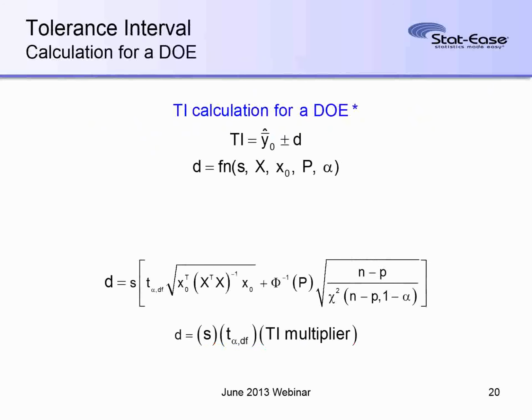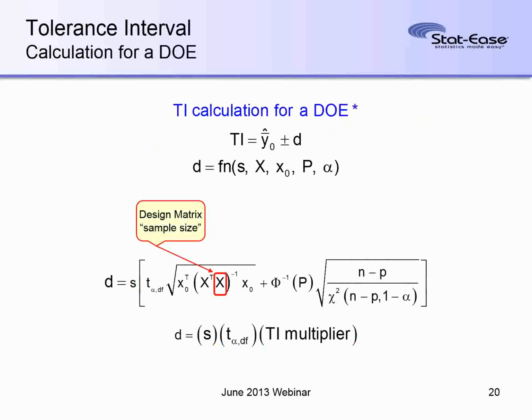If you want to calculate it for a designed experiment, we have several things that are inputs to it. First, and not least important, is the standard deviation. You get that after you fit a model. The standard deviation, the leftover unexplained variation in your system, that estimate is used for the interval.